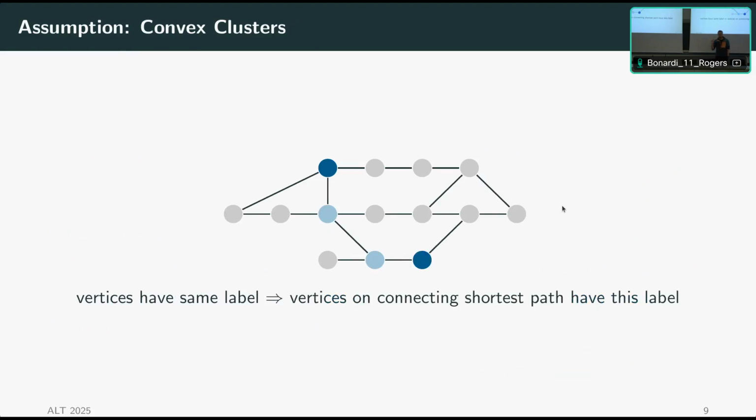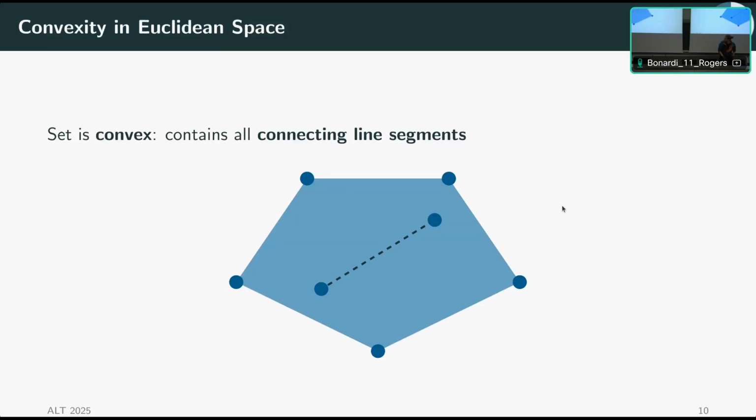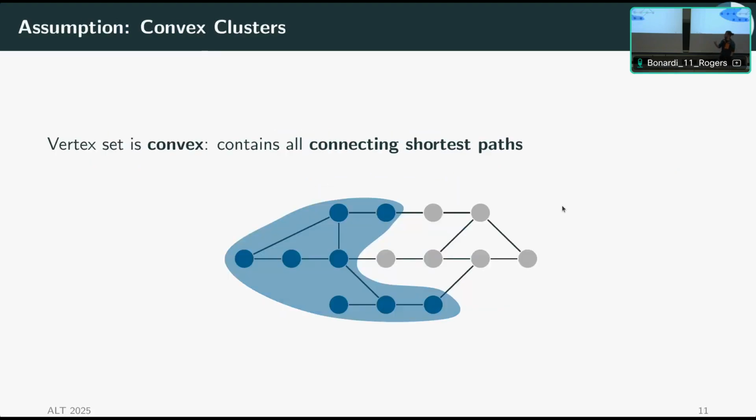Then by the convexity assumption, we also know that all the labels on the shortest path between the two are also blue. So think of the graph as a finite metric space, and maybe this makes a bit more sense. In Euclidean space, a set is convex if I can take 2 points, and then the line segment is contained in the set. On graphs, I don't have line segments, so I take shortest paths. And so this set would be, for example, a convex set.